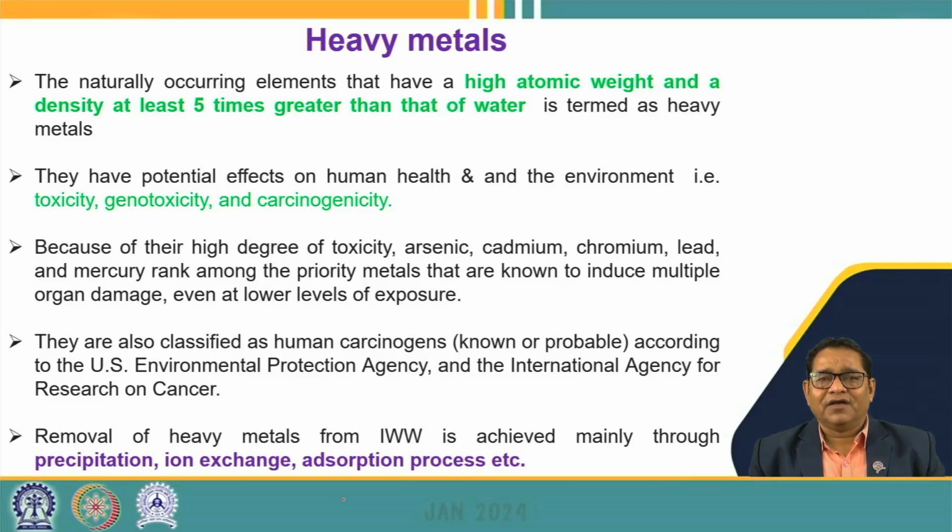Therefore, they are classified as human carcinogens as well, according to the US Environmental Protection Agency and the International Agency for Research on Cancer. Thus, the removal of heavy metals from industrial wastewater is very important and is mainly achieved by using chemical precipitation, ion exchange, and adsorption processes. There are many more processes which we will deal with in subsequent lectures.